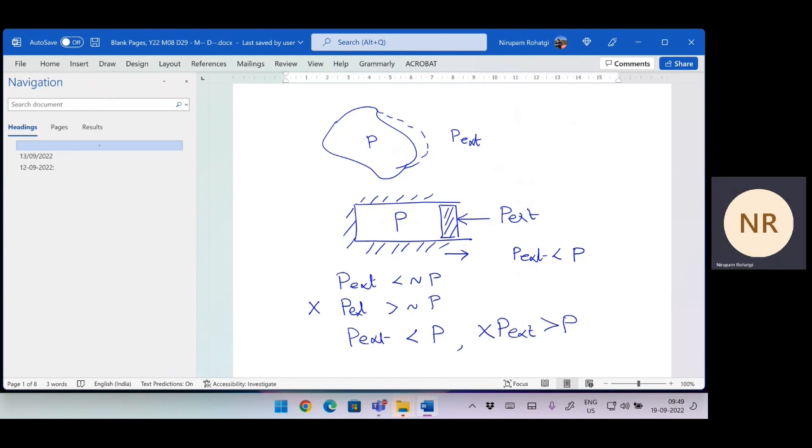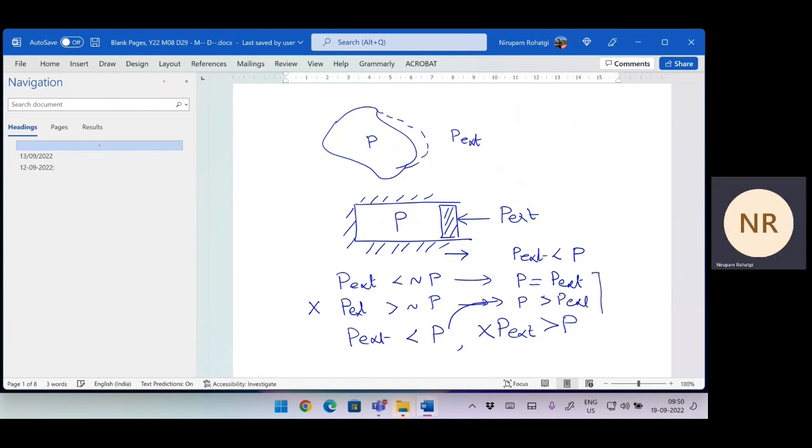Now this case is actually P is equal to P external, and this case, the second case, P is greater than P external.